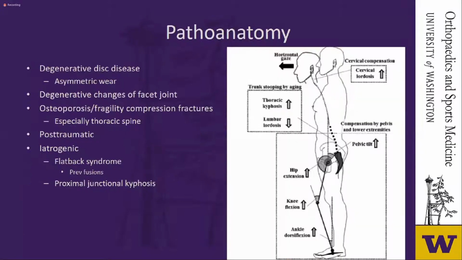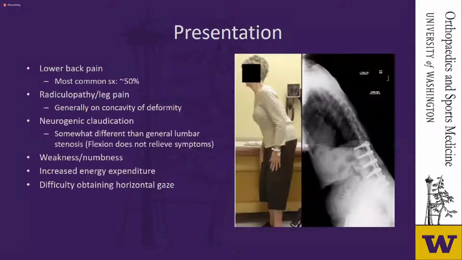And then just jumping back to this previous slide, it mentions some of the compensatory mechanisms that patients will perform in order to try and recenter their center of gravity. Overall, these changes on the right lead to a progressive migration of the center of gravity from over the femoral heads to anterior to the femoral heads. And some of the ways that patients can try and compensate for this is through excessive cervical lordosis, hip extension, knee flexion, as well as pelvic retroversion, which results in an increase in their pelvic tilt, which I'll touch on in a bit as well.